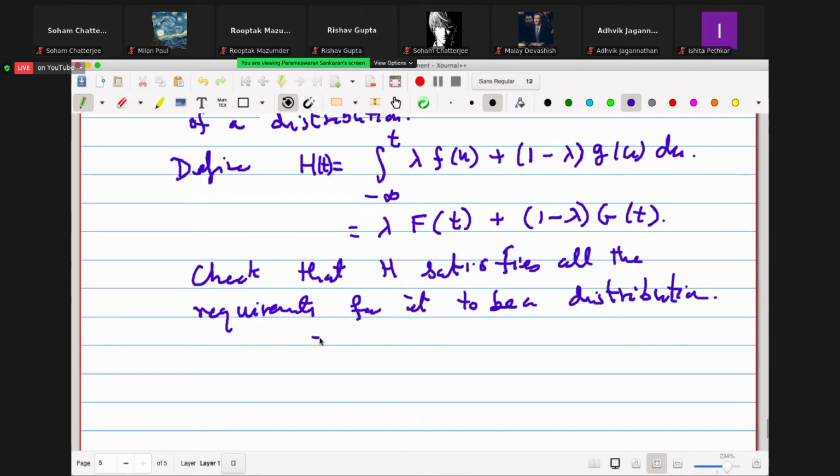The question is, with the same notation, what about f times g? Now, you should expect this to fail, because you used the fact that integration is linear, but it is not going to be multiplicative, and therefore it should fail.